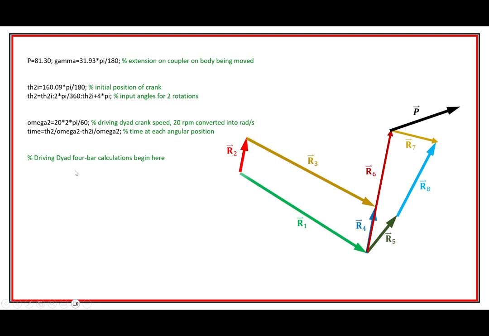All right, so the driving dyad calculations start right here. What I'm basically doing is a position analysis just for this first 4-bar. And I establish how long I want these angles.